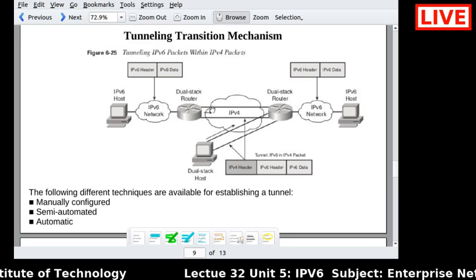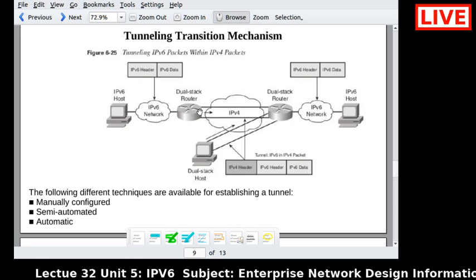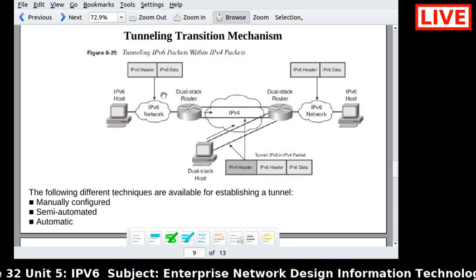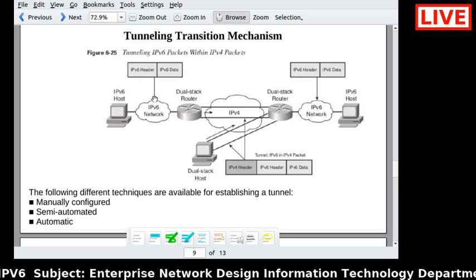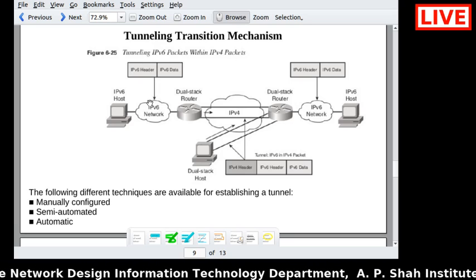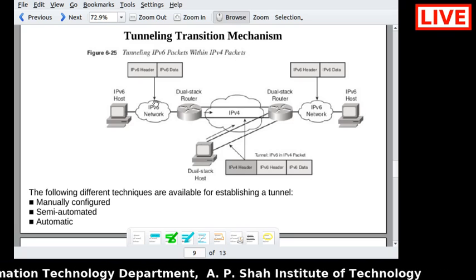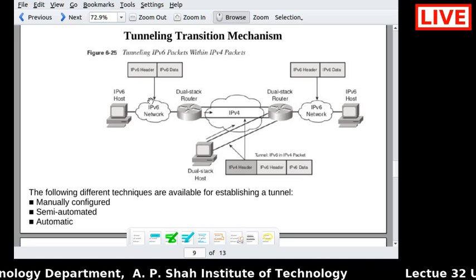If you see this figure, it is using some overlay tunnels, so it will isolate the IPv6 networks, and they can communicate without having an upgraded IPv4 infrastructure in between them.